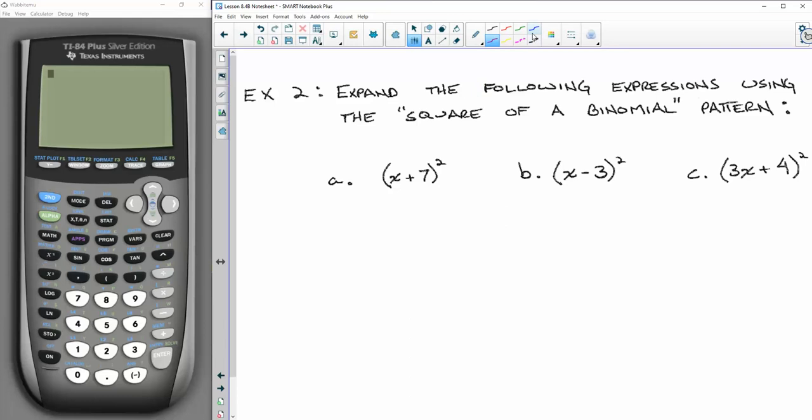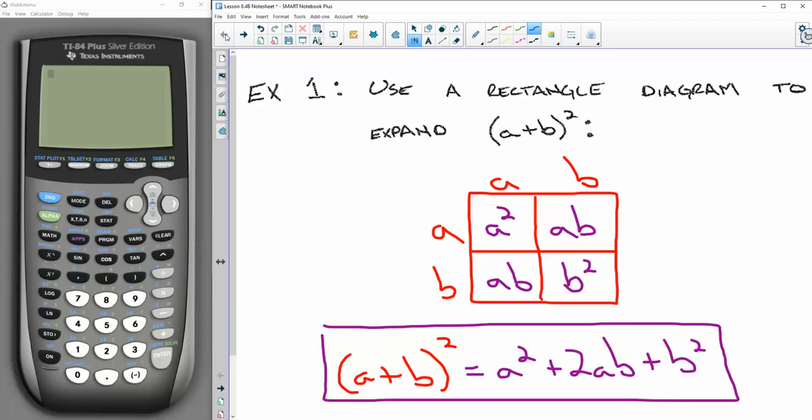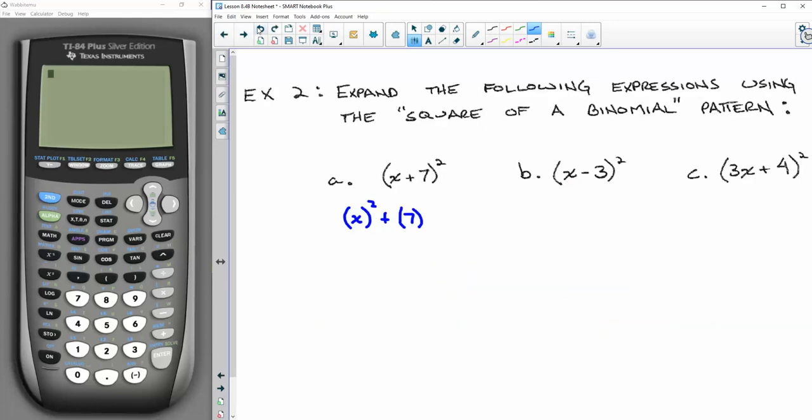So this might look something like this. You take that x, that's going to get squared. Let's try this again. So that x is getting squared. In the middle, we're doing double the product of the x and the 7.